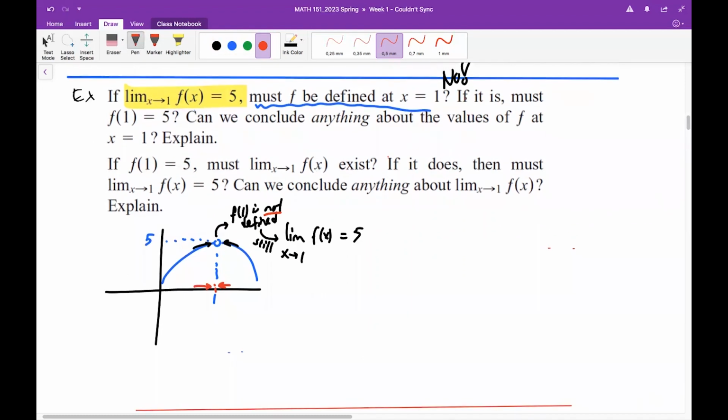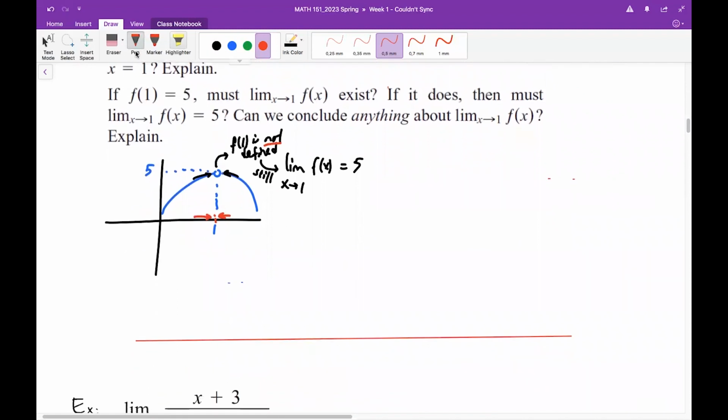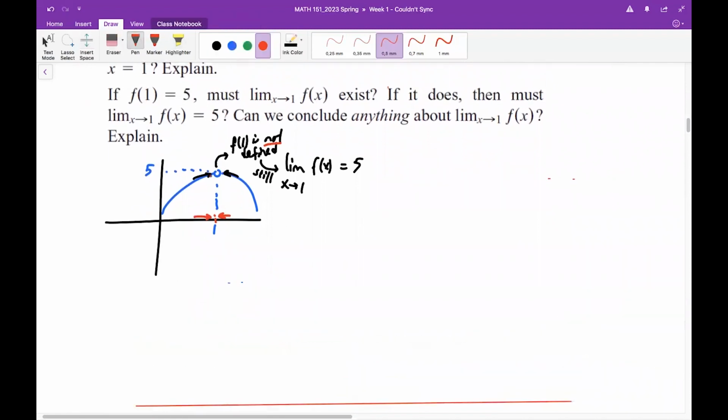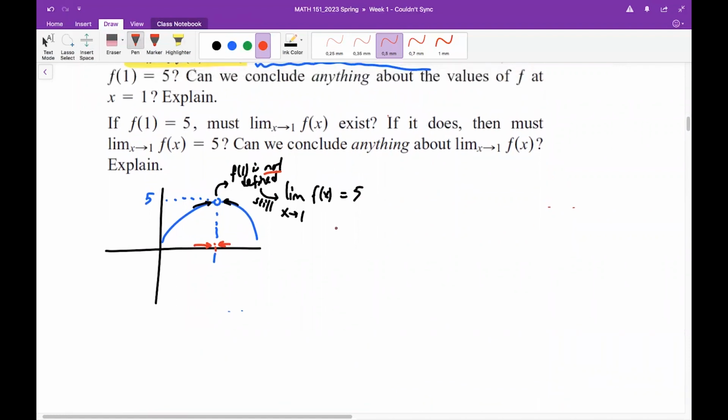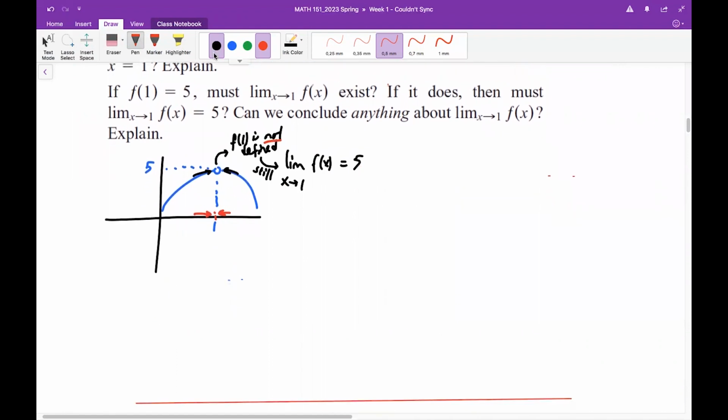Okay, let's continue. If it is defined, must it be 5? Must it be defined as 5? Let's also answer this. Now I want to define the image of 1 somehow without violating this limit information. Should I define it as 1? This is the question. Should I?